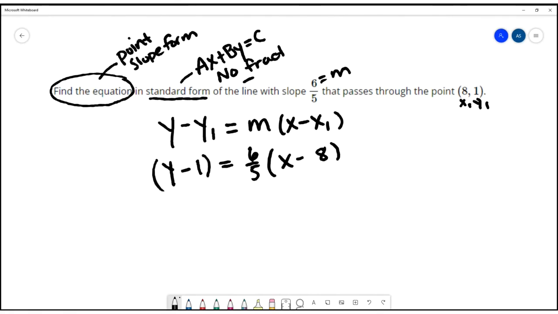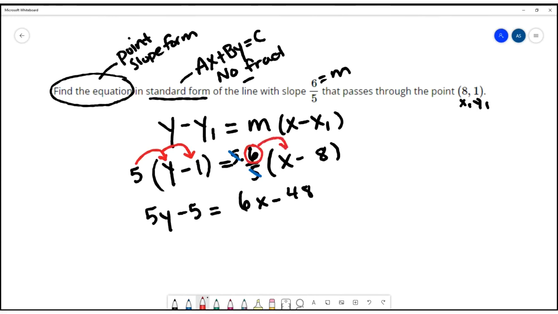I'm going to multiply the left-hand side by 5 and the right-hand side by 5. This will cancel the 5's out. And I have 5y minus 5 equals 6x minus 48. I use the distributive property on the left, distributing the 5, and the distributive property on the right, distributing the 6.